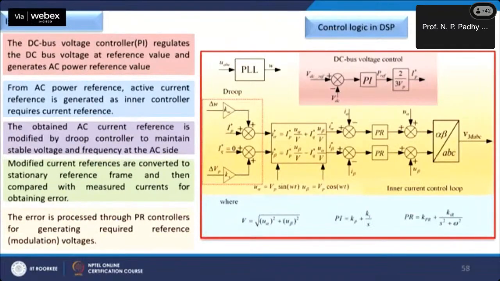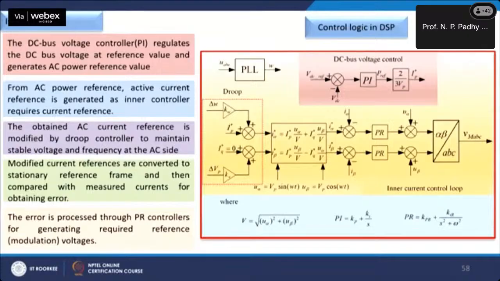Now, when we move to islanded mode of operation, let us focus on the control logic in the DSP. The DC bus voltage controller regulates the DC bus voltage at the reference value and generates AC power reference values. From the AC power reference, the active current reference is generated, as the inner controller requires a current reference.